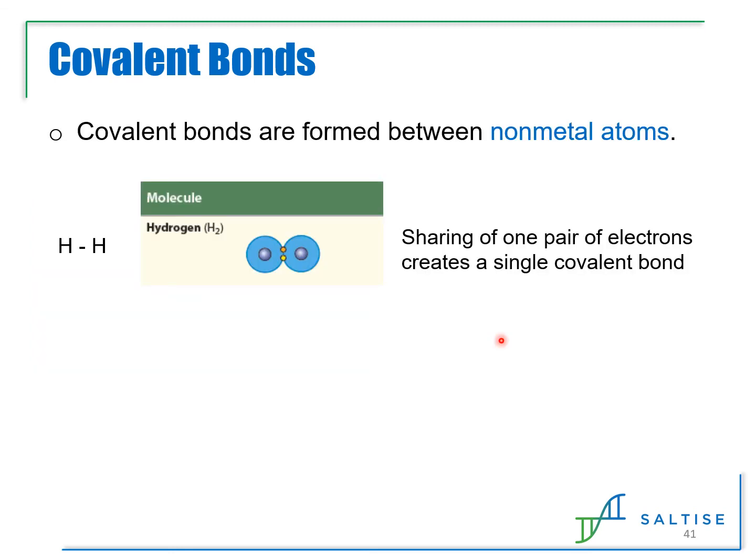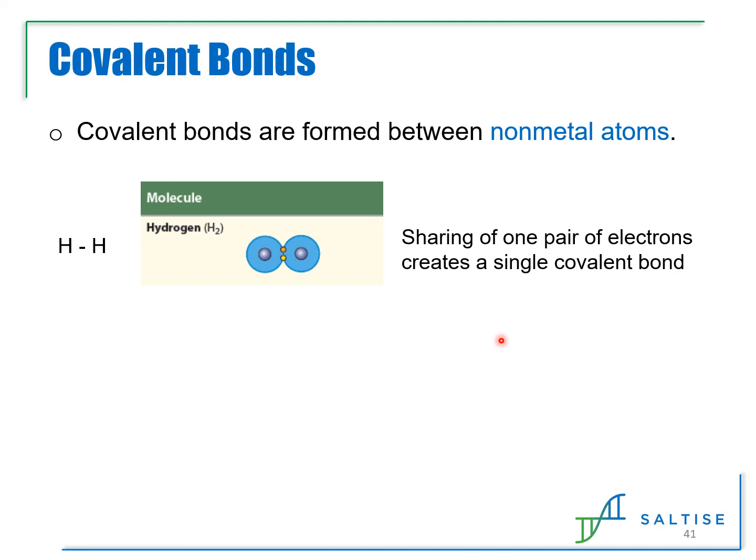Covalent bonds are always formed between non-metal atoms. This is how you can tell the difference between a covalent bond and an ionic bond. Remember that ionic bonds always involve a metal. Here's an example of 2 hydrogen atoms sharing a pair of electrons. The result is a single covalent bond in the hydrogen molecule.